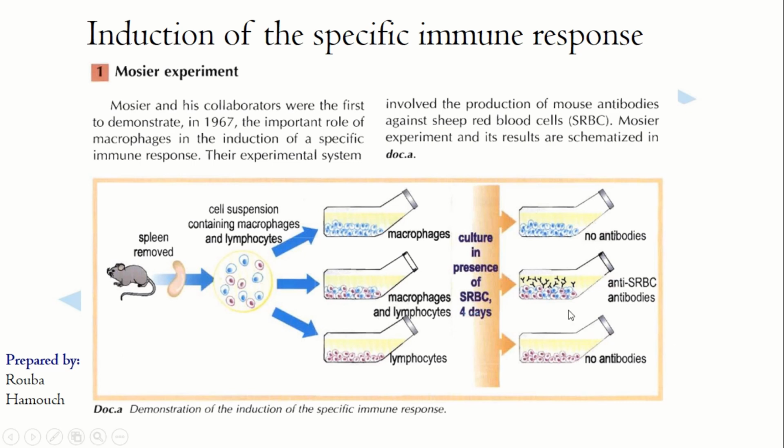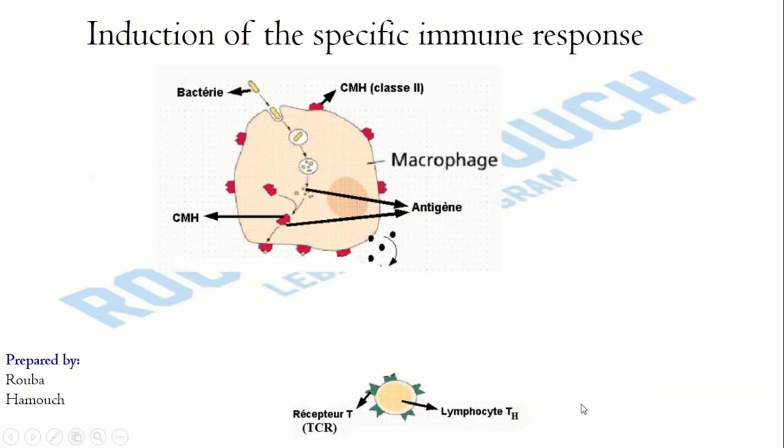So it's the macrophage presenting the bacterial peptide in an MHC class II molecule, and this is the T helper lymphocyte, having the TCR receptor on its surface.